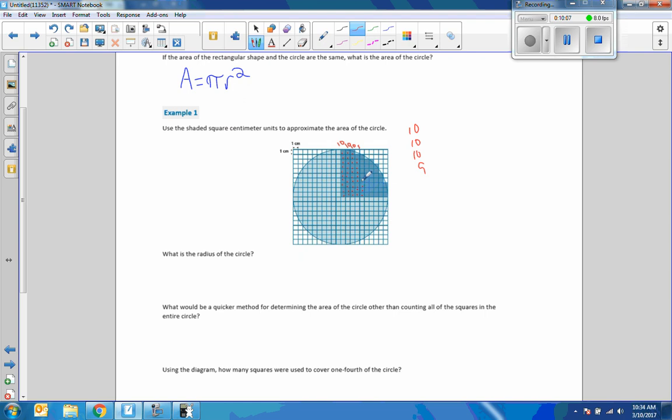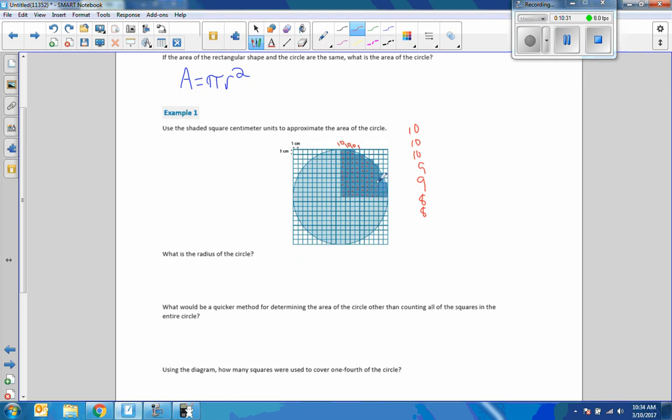Next row is 9. I'll write them over here. There's no room. Then 8, then 8. That one stuck out a little bit here. It's outside the circle, but there's a piece here that was inside that we didn't count.